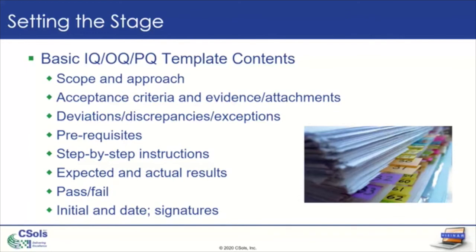Some companies don't like to use the term deviation because it has a much heavier connotation in terms of maybe it requires a CAPA or QA involvement. Which these things do. You do want to have that involvement, but sometimes it's not to the level of a deviation, so discrepancy or exceptions. Essentially how you're going to handle issues that come up.